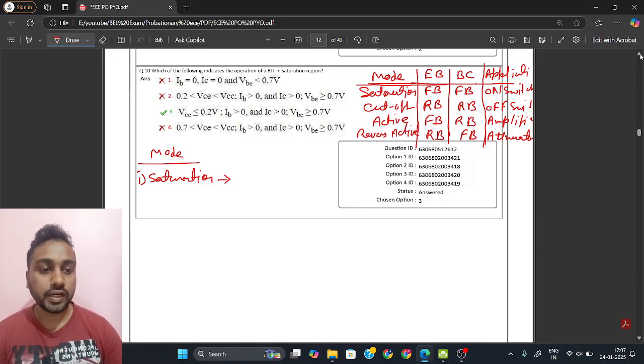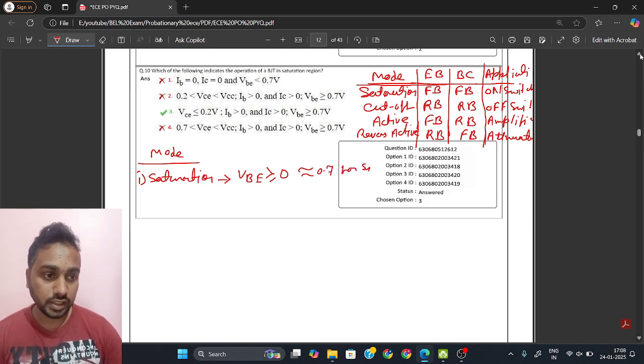Now for the condition of saturation region, VBE, that is base to emitter voltage, should be greater than or equal to 0, or you can say 0.7 volt for silicon and 0.3 for germanium.